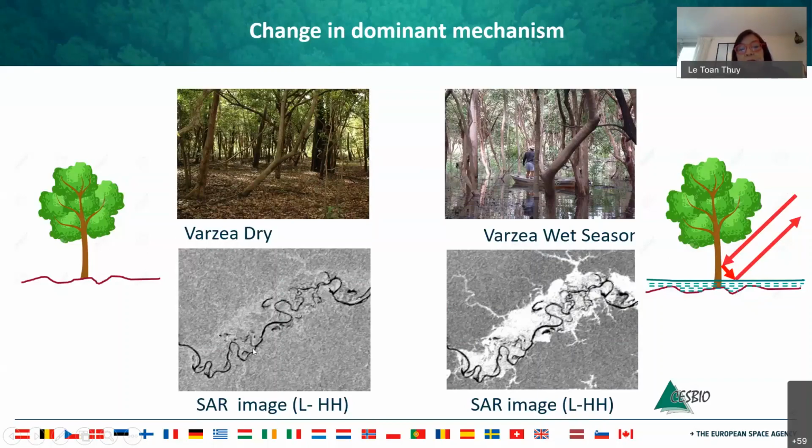You see something, but when it's wet, this double bounce increases, and suddenly you see a very bright return here, brighter than the forest outside. So this is the change in dominant mechanism that can happen with environmental conditions.